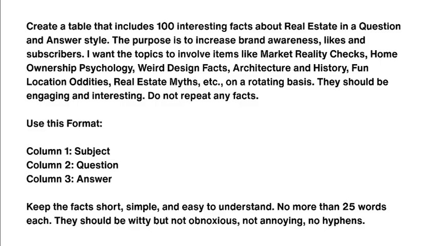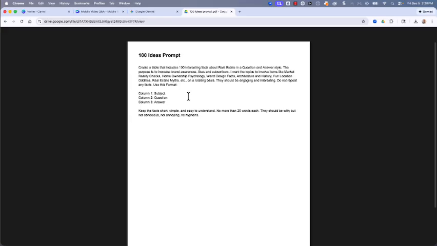I'm letting it know that my purpose is to increase brand awareness, likes, and subscribers, and I'm giving it the topics that I want it to have: a market reality check, home ownership psychology, maybe some weird facts, some architecture history, something fun about locations, some real estate myths, and I want them on a rotating basis so that it's not all just one topic all the time. I want it to be engaging, I don't want it to repeat any facts, and I want it to use this format. This is important, because it's going to help it create a table that we can cut and paste to bring back into Canva.